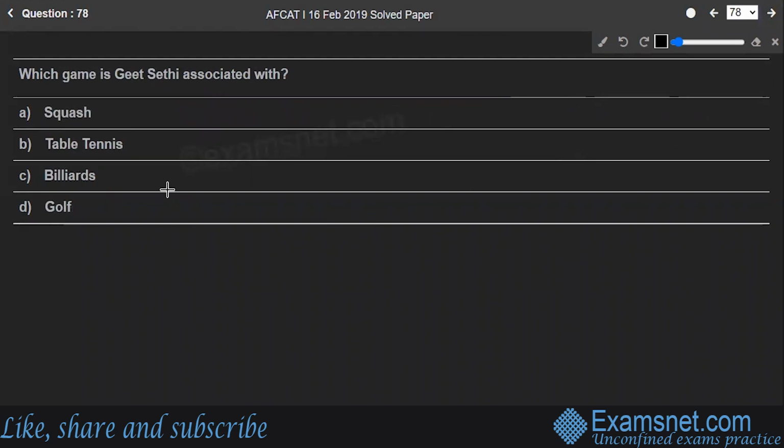Next is question number 78. Which game is Geet Sethi associated with? Squash, table tennis, billiards, or golf? Well, Geet Sethi is associated with billiards.